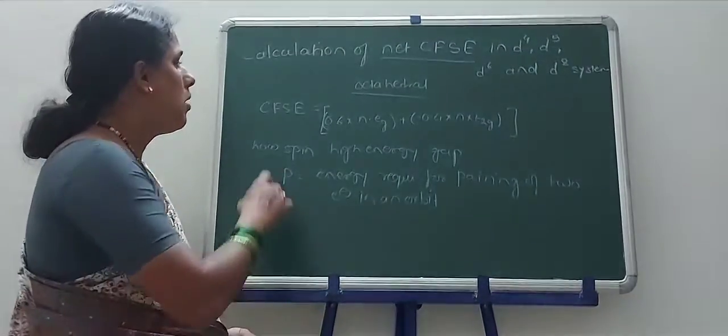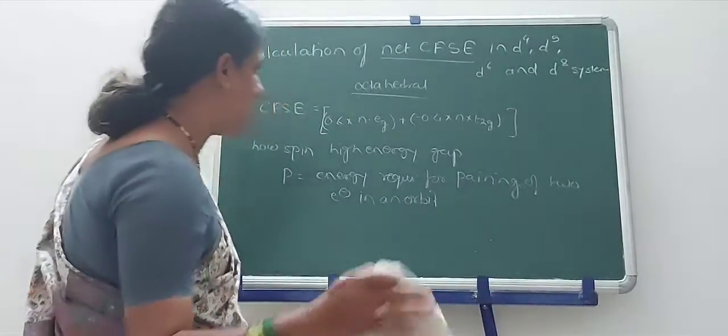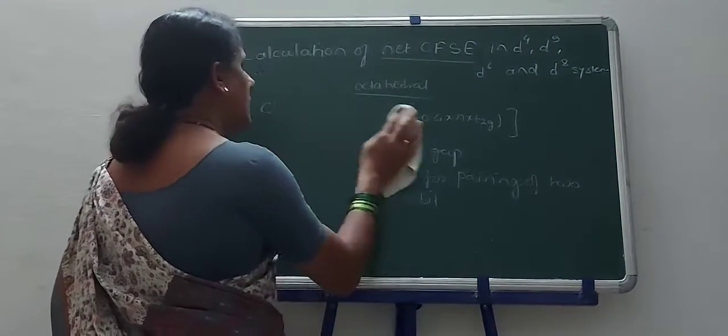Now we will see the case of the d4 system. What is the net CFSE?